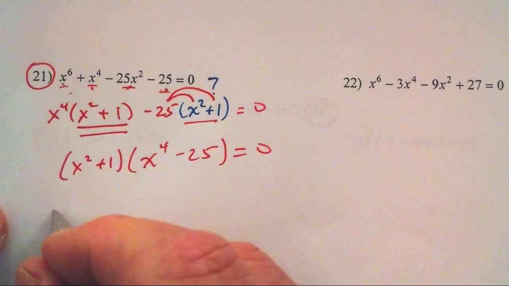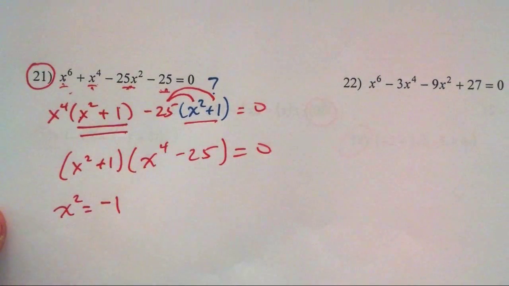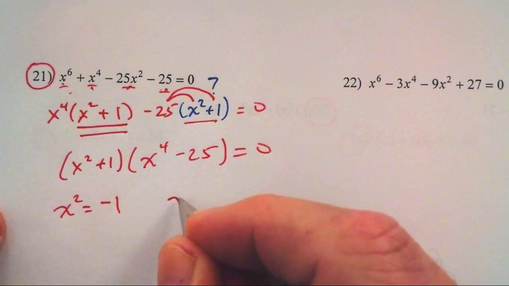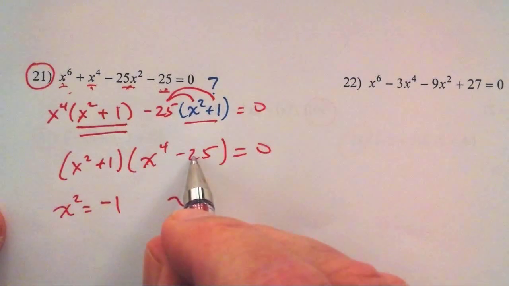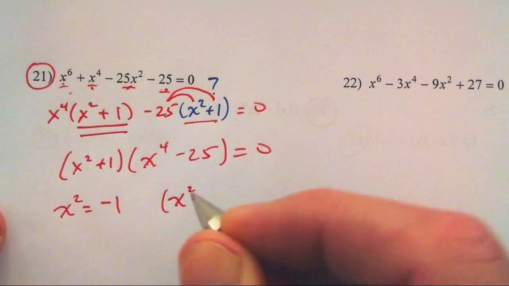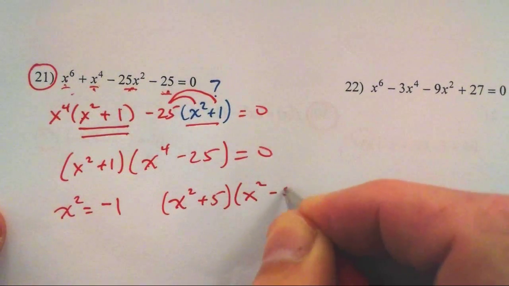So either x squared equals negative 1, or this guy factors, doesn't it? This factors into x squared plus 5 times x squared minus 5.